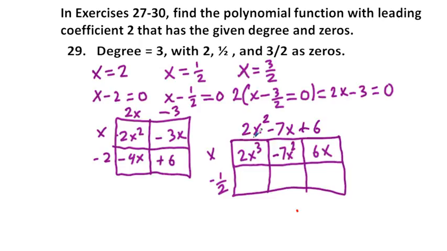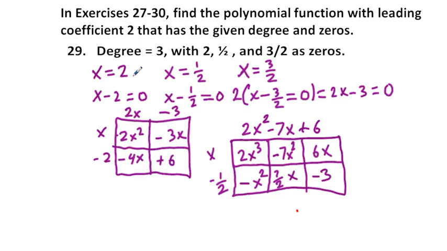Negative 1/2 times 2x squared is going to be minus x squared, since negative 1/2 times 2 is 1. We have negative 1/2 times negative 7x, which gives 7/2 x, and the last one, negative 1/2 times 6, is negative 3.